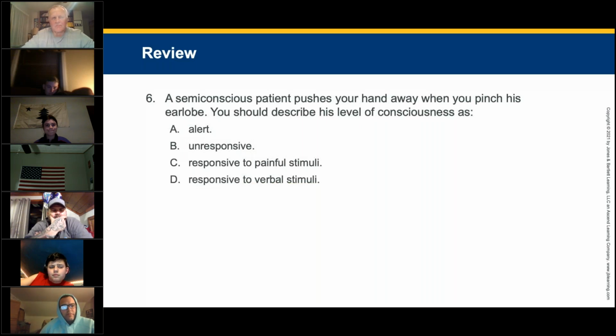A semi-conscious patient pushes your hand away when you pinch his earlobe. You should describe his level of consciousness as what? All right, good.